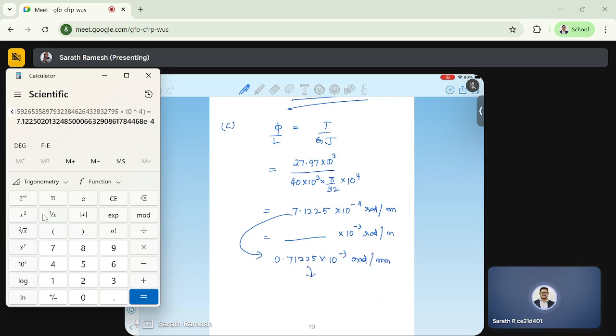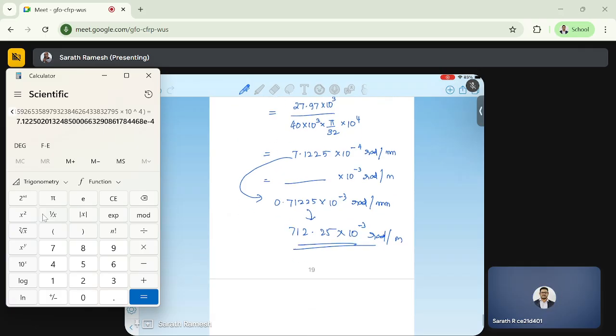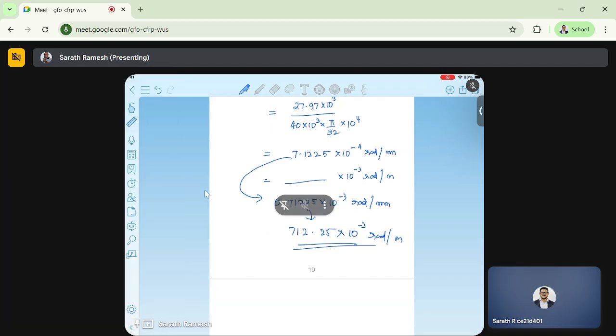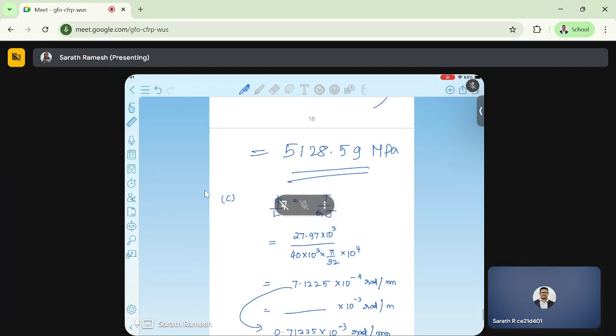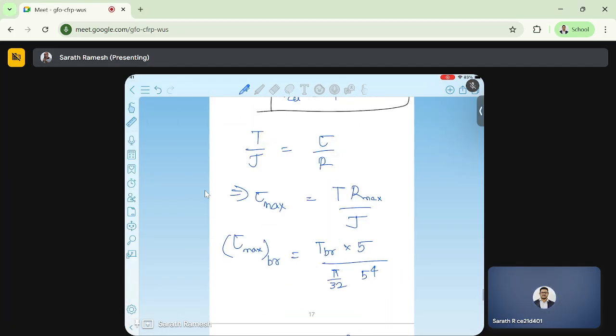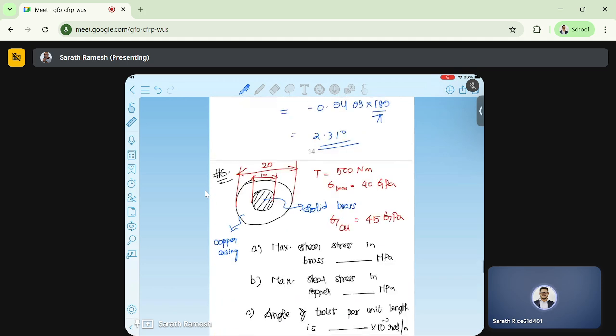This further gives 712.25 into 10 power minus 3 radian per meter. Okay, that's it. Be careful based on whatever they are asking. Right, that's it, and this actually completes the problem.